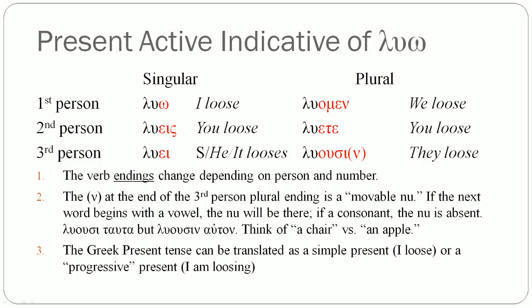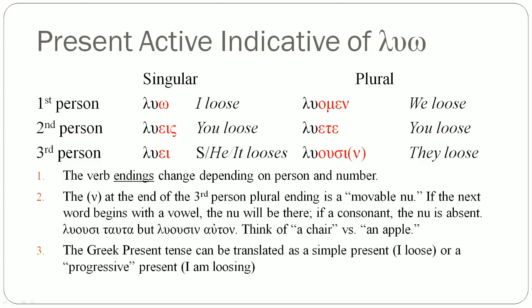Luusi anthropon, they didn't like to say that, and so what they would do is, if the thing that follows this third-person plural verb ending begins with a vowel or a diphthong, or vowel sound, they will put that nu onto the end of that form. If what follows is a consonant, then we just leave it off.